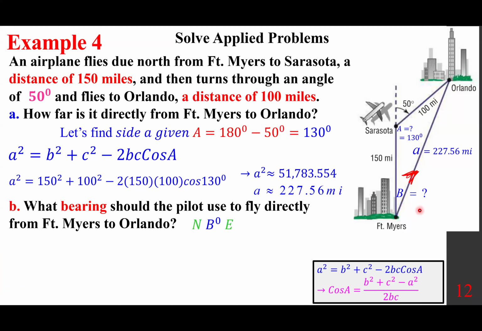To find B, we can use the cosine law or even the sine law. I'm going to go over both of them because this section is cosine law. First, the cosine law.